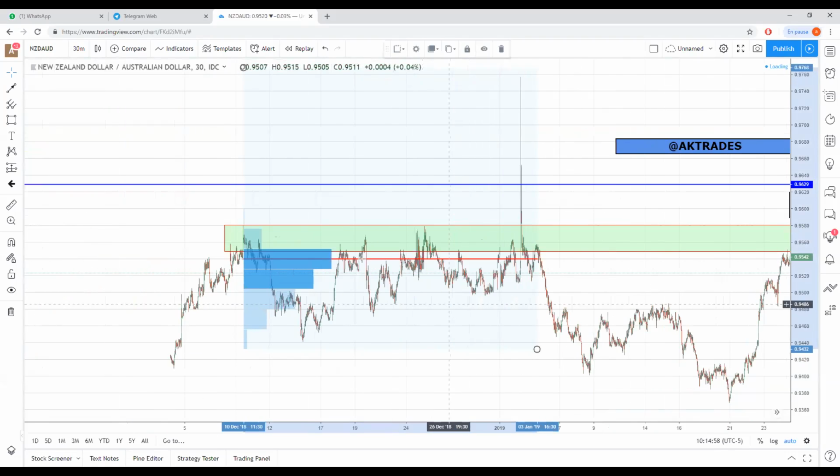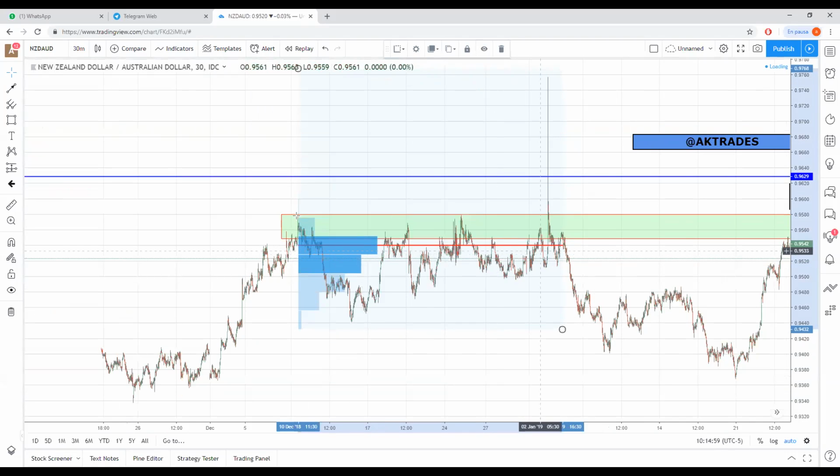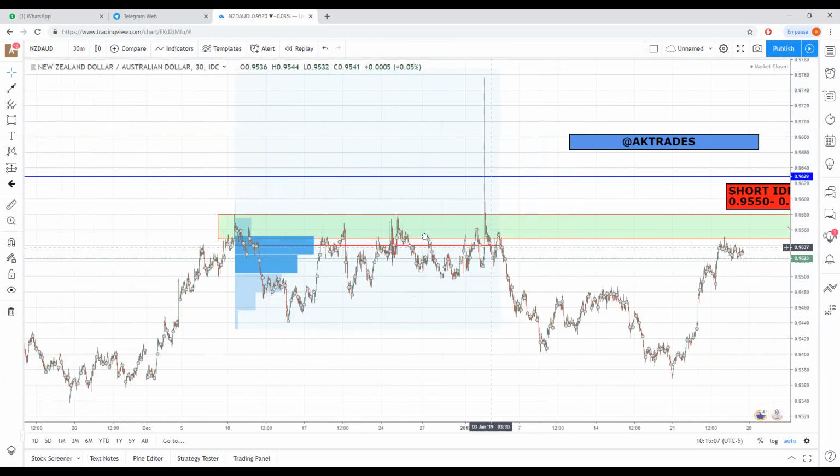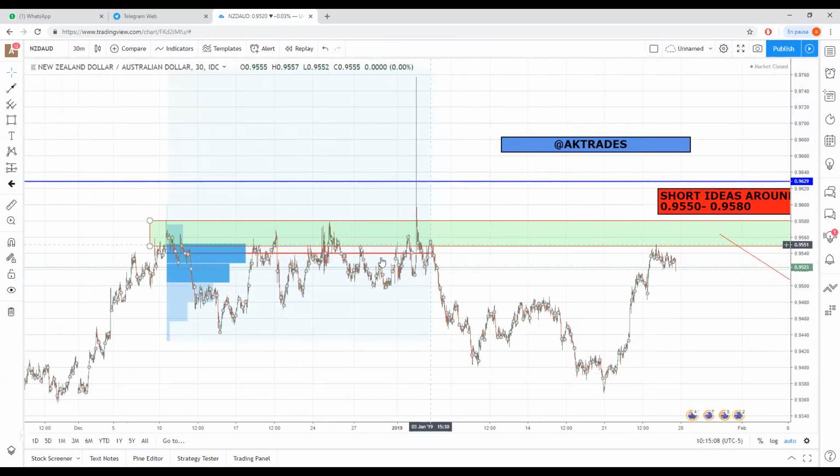We can see the point of control of this selling accumulation. They were accumulating selling positions, because after this accumulation a sharp drop occurred. The point of control of this accumulation was around 95.40.